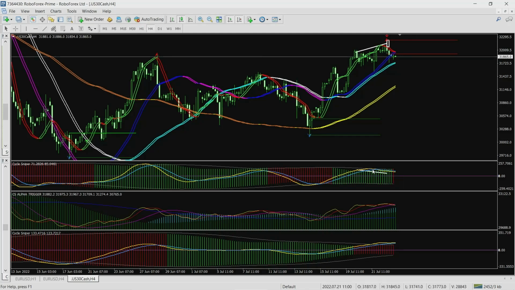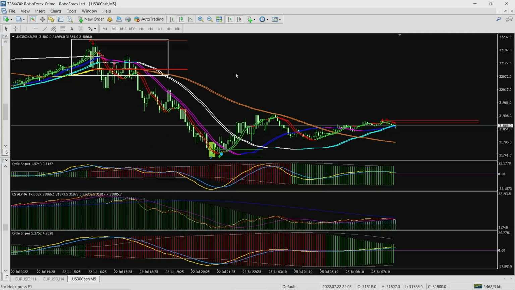Here also it was overbought, 4 hours chart. Cycle Sniper set 2 is also overbought on the 4 hours chart. So it was a good entry level on the 5 minutes chart. 4 hours chart is overbought, 15 minutes is overbought, 1 hour bearish divergence, a clean trade here. But it is very important to check the bigger time frames when entering a trade.